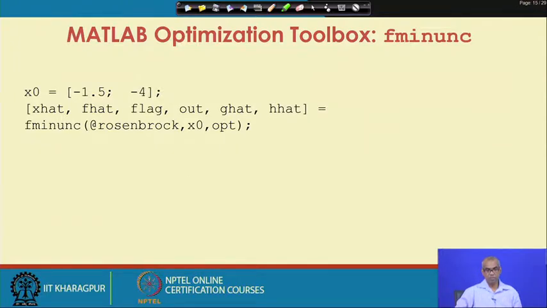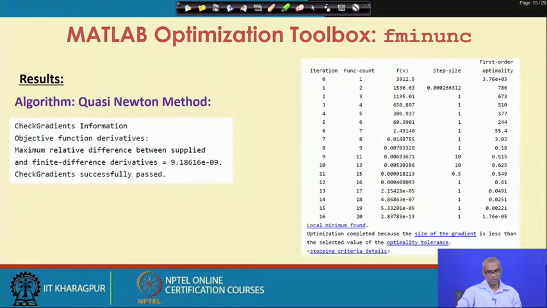Then use the syntax as shown to solve the problem. I have renamed the file as Rosenbrock; you can also give it any other name you want. So, this is the solution you get. This is a snapshot of the result of the run of the algorithm.